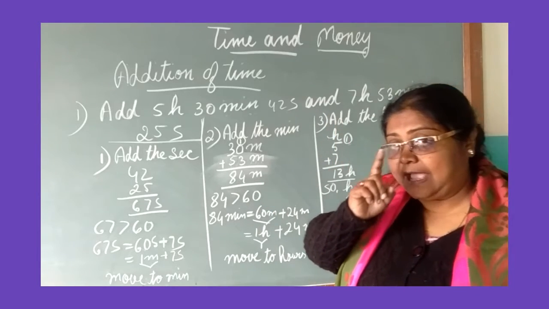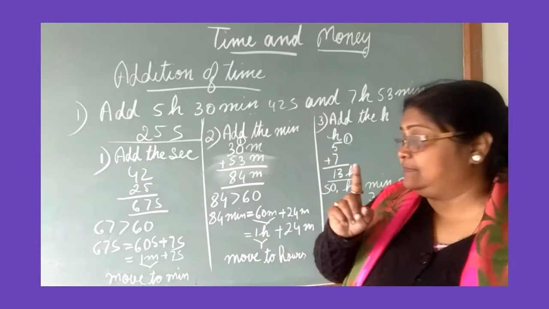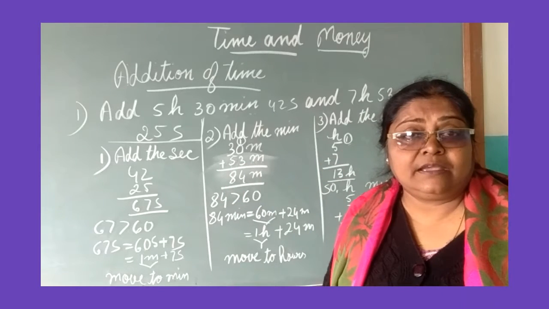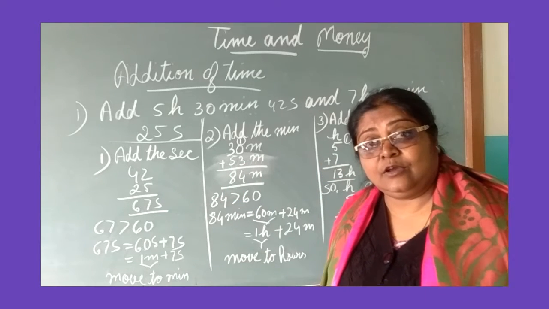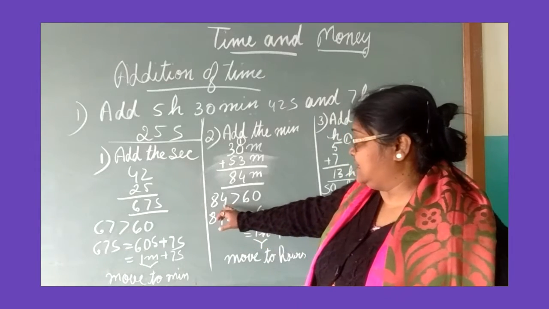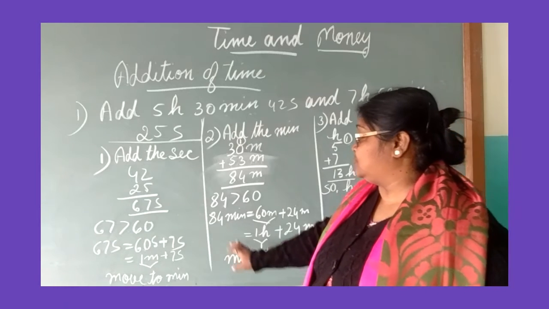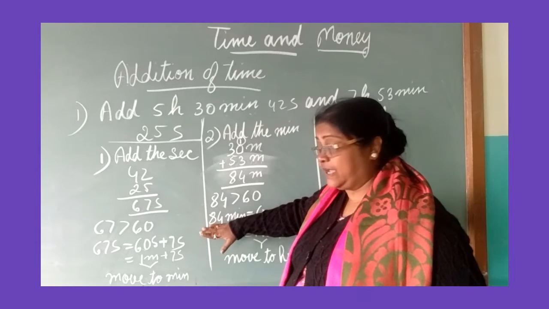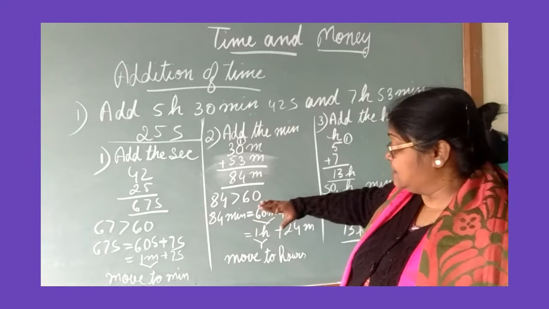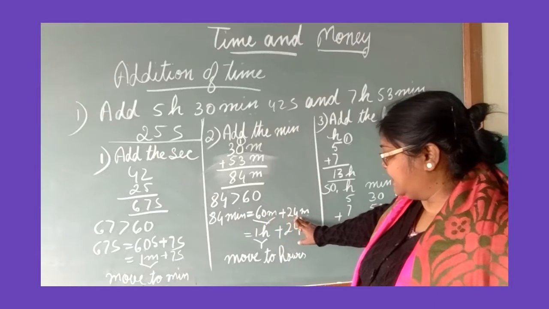So you know that 1 hour equals 60 minutes. So here 84 minutes came, which means it is more than 60. Yes, 84 is greater than 60 minutes. So you have to break this 84 into 60 minute plus 24 minute.